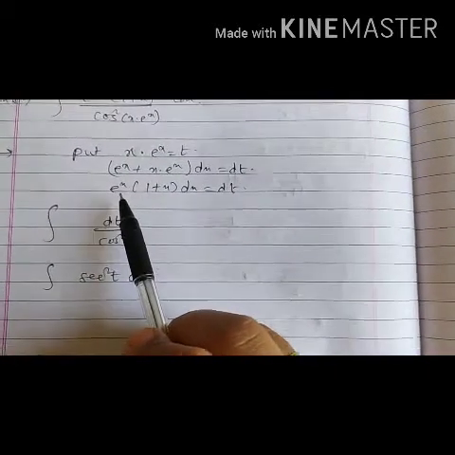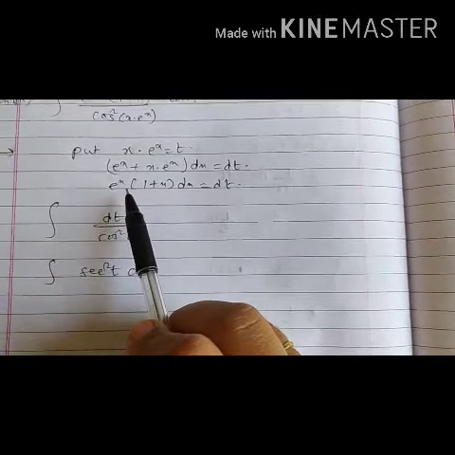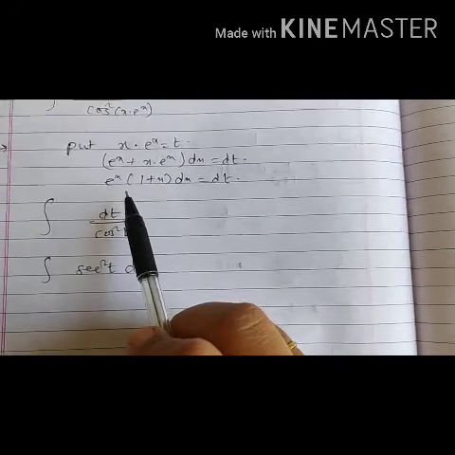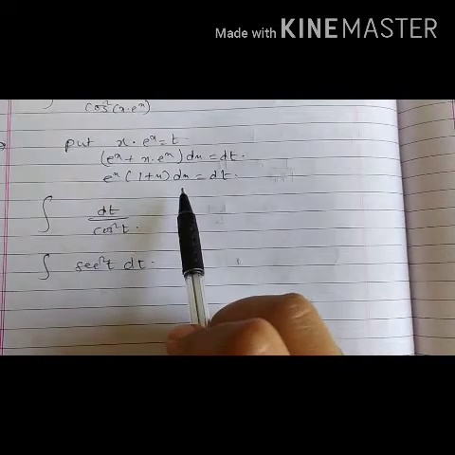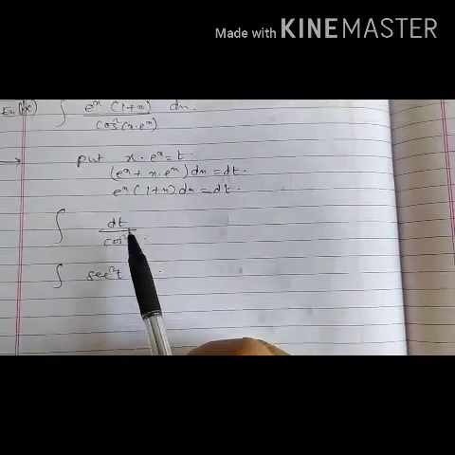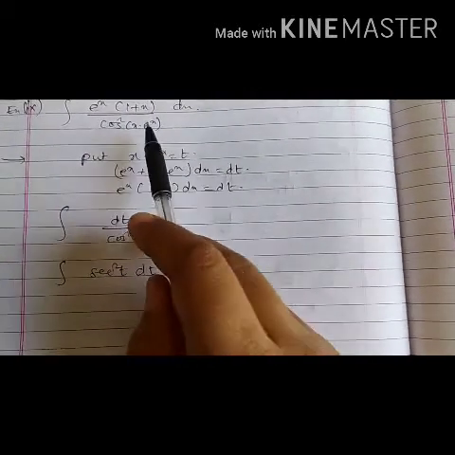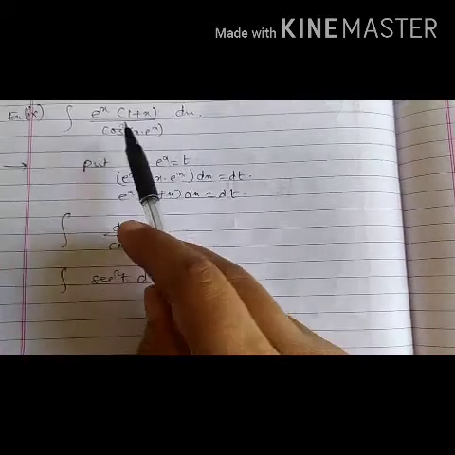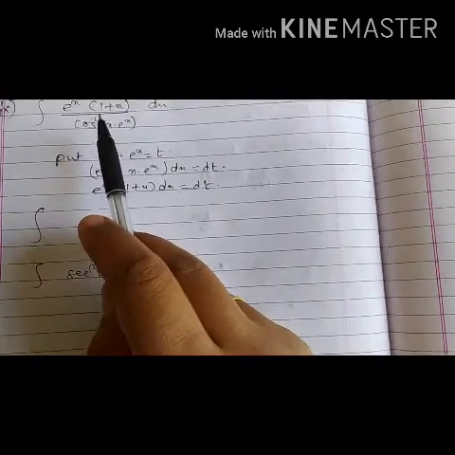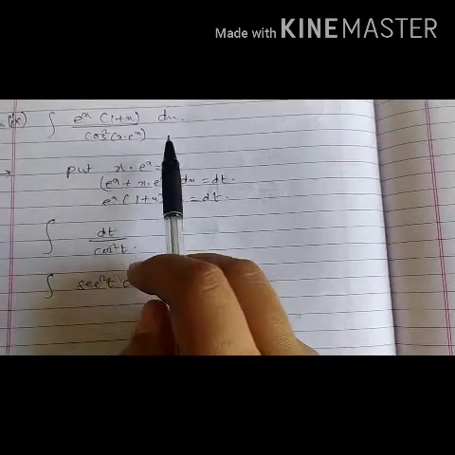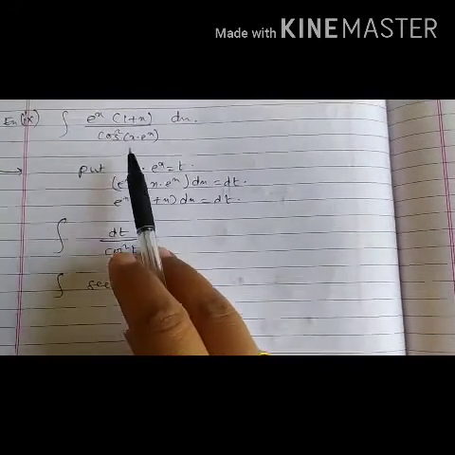So we can take out e raised to x. So it will be e raised to x into 1 plus x dx equals to dt. Now we'll put this, it will be dt by cos square t.